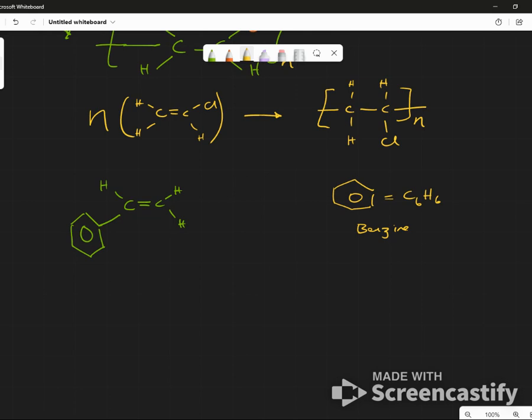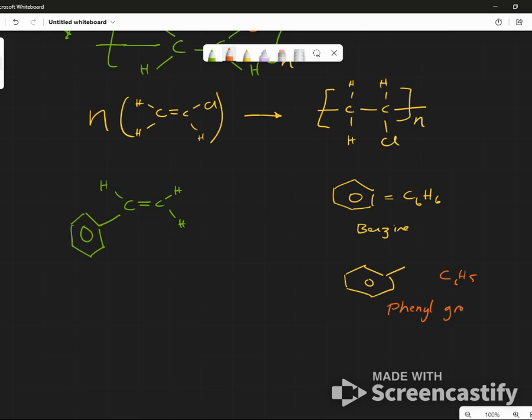Okay, now the bit when it's added onto something like this is this. In other words, one of the hydrogens must have been removed, so I can stick it on something else. And this thing is obviously C6H5. Okay, and this is known as a phenyl group.